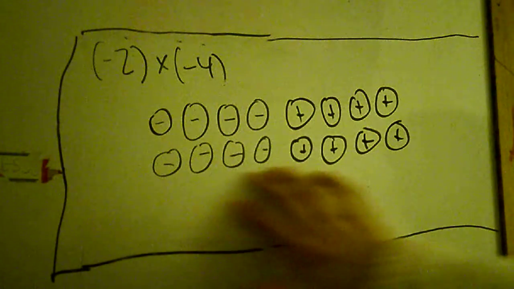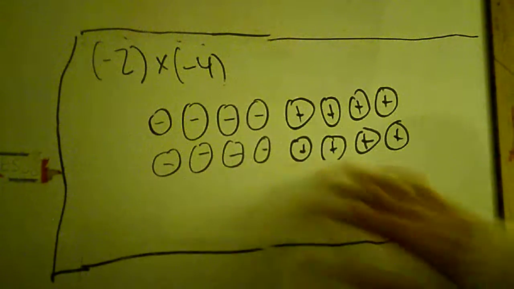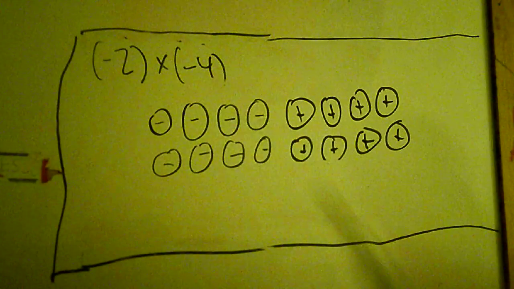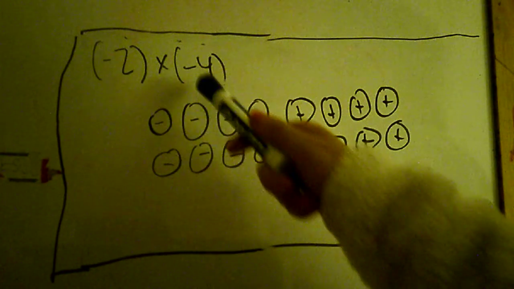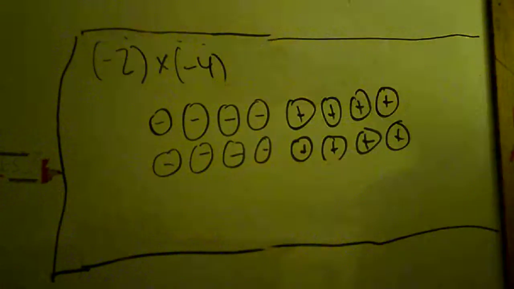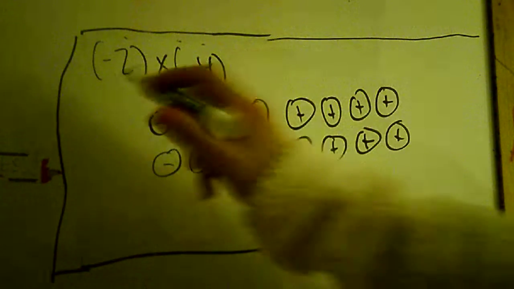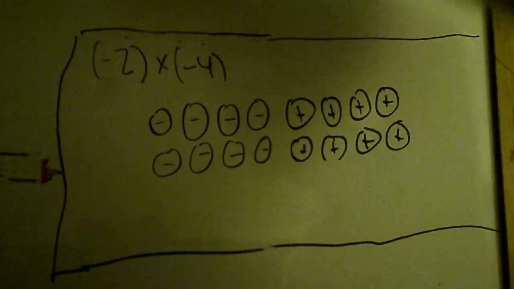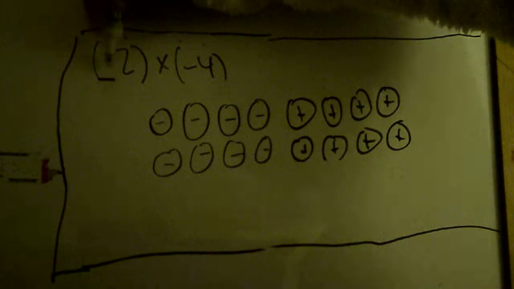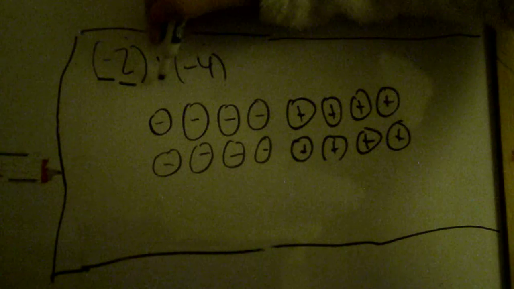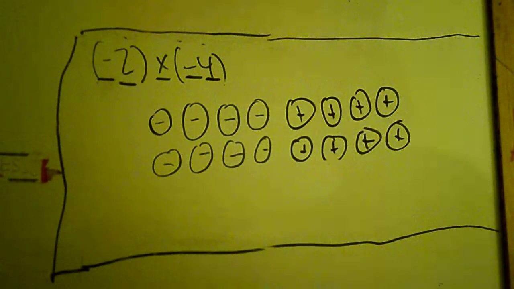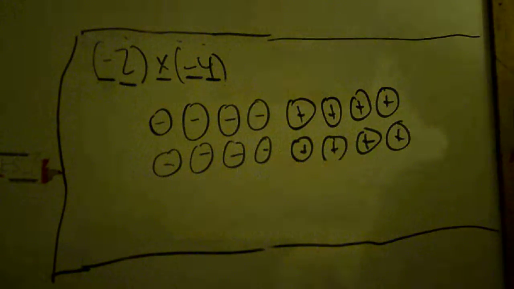Now I have technically the same amount of negatives and positives. Now I need to remove 2 groups of negative 4. If that doesn't make sense, I'm going to show. The minus, this sign, means remove 2 groups of negative 4. Hopefully that makes sense.